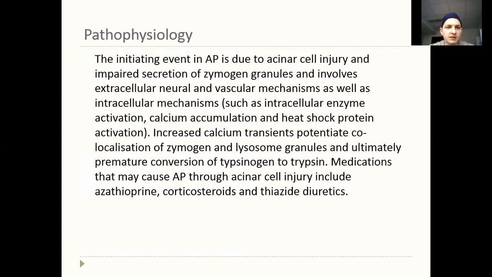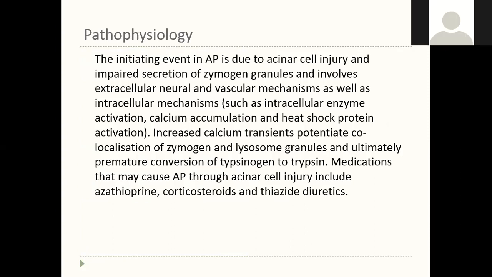Pathophysiology. The initiating event in AP is due to acinar cell injury and impaired secretion of zymogen granules, and involves extracellular, neural, and vascular mechanisms, as well as intracellular mechanisms, such as intracellular enzyme activation, calcium accumulation, and heat shock protein activation.